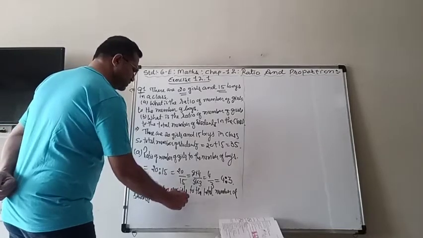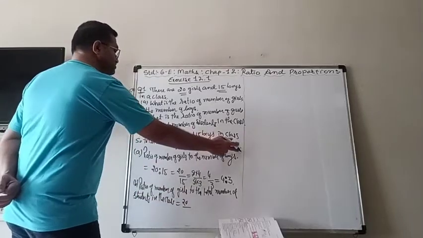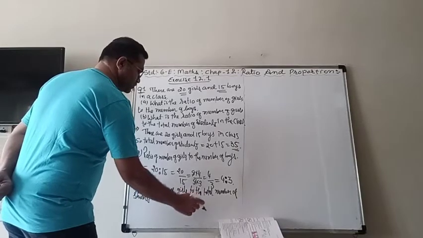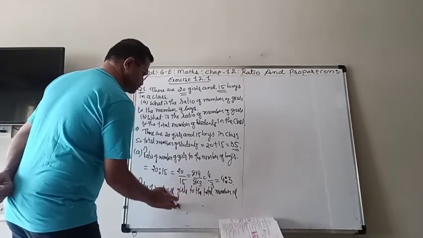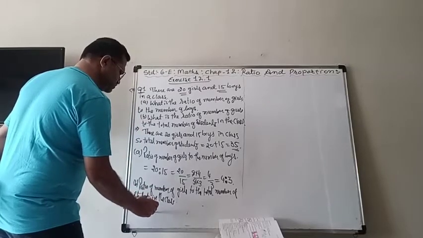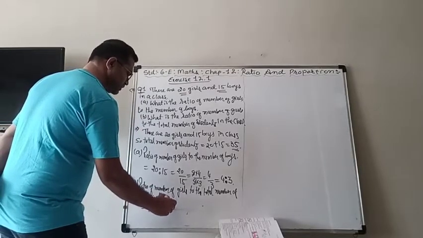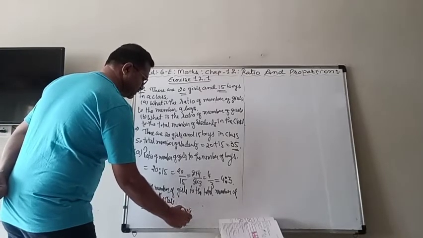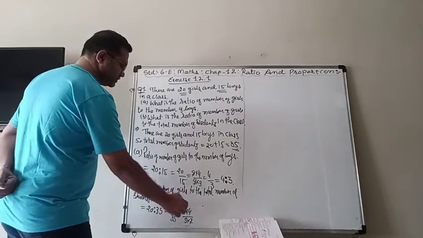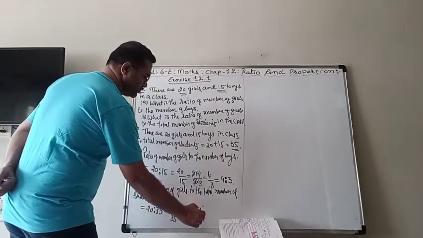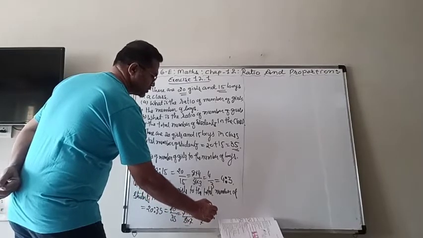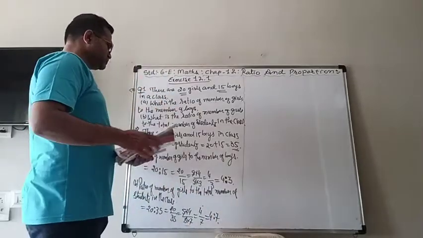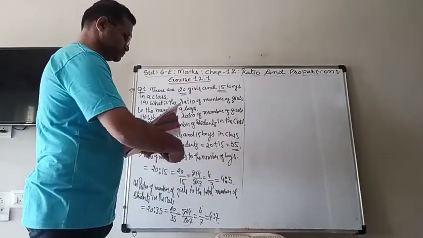So girls are 20 and total students are 35. We can write it as 20 is to 35, that is 20 upon 35. 5 fours are 20, 5 sevens are 35. So 4 upon 7, that is 4 is to 7. So it is very simple.